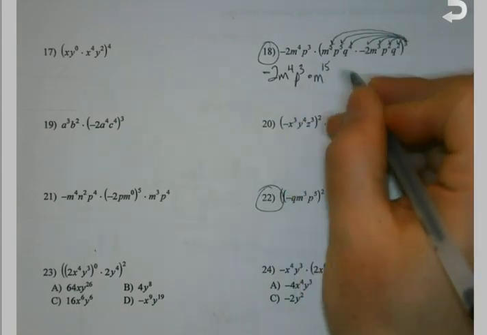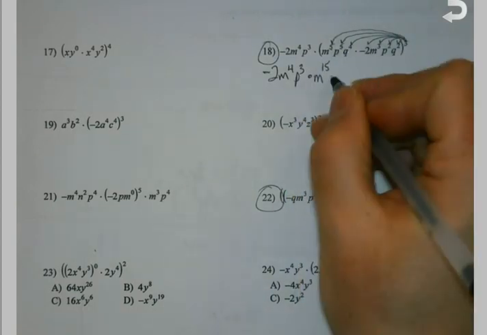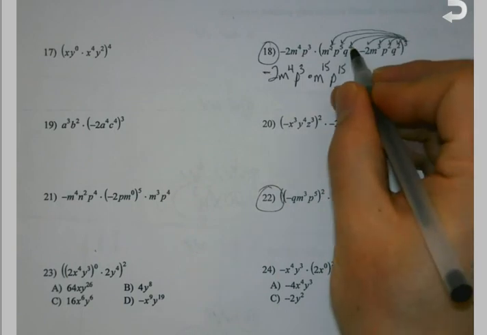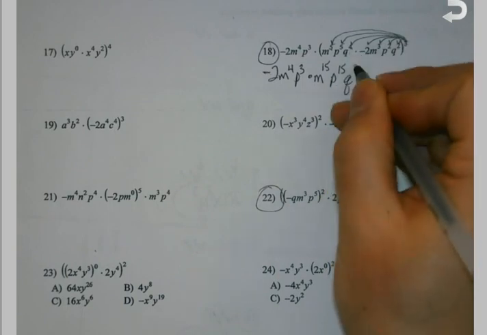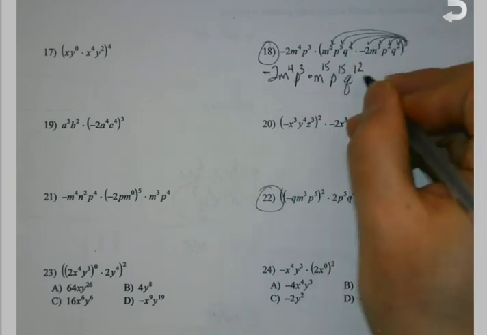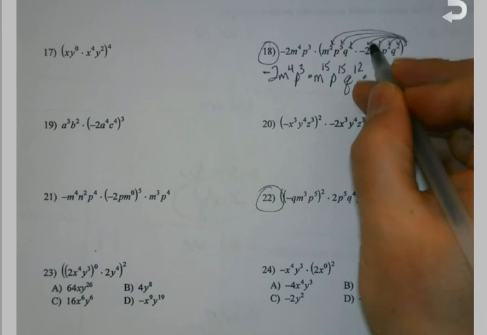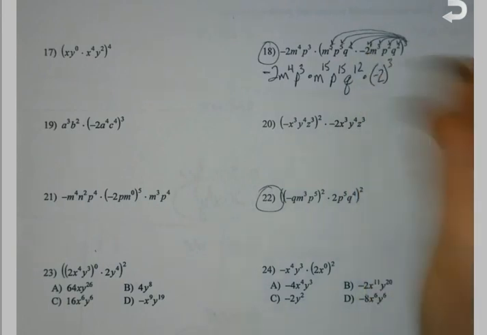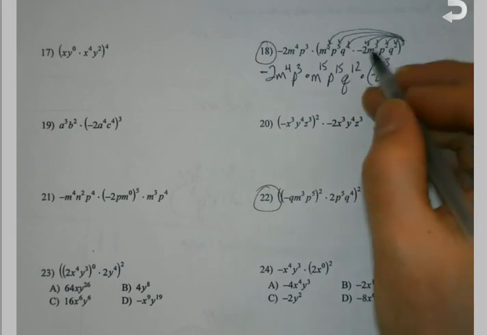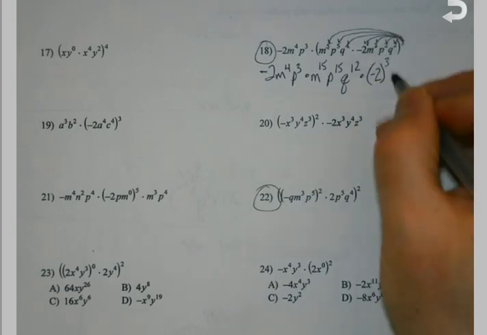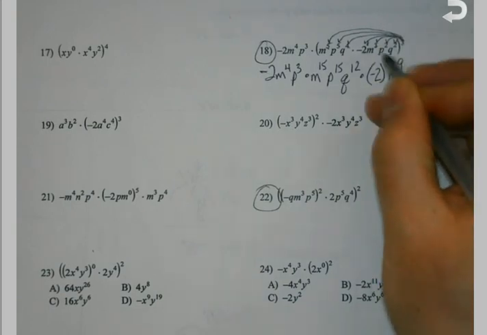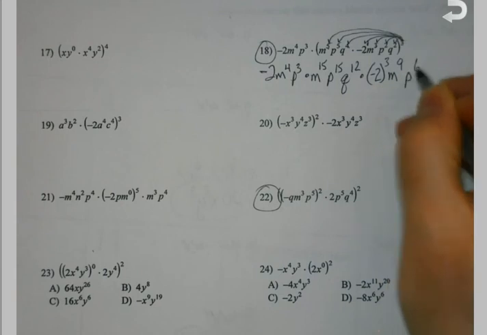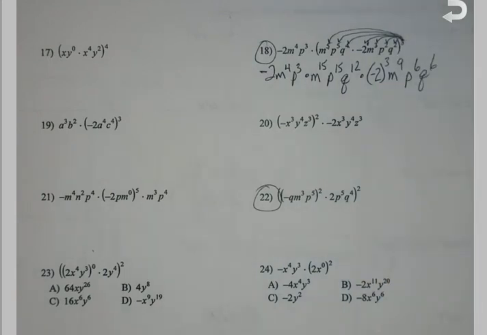So m to the 15th, 5 times 3 is 15, 4 times 3 is 12. Even this negative 2, remember, has an exponent of 1. So we'll deal with that this way for right now, because it's still going to have a power of 3. 3 times 3 is 9. 2 times 3 is 6. I think we're going to squeeze it all in there.